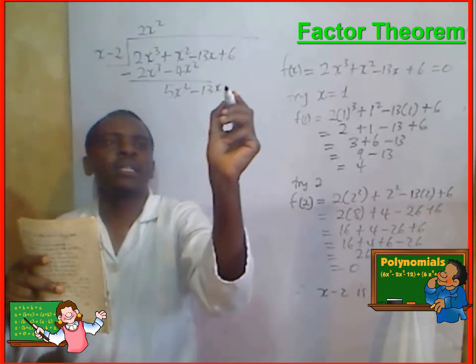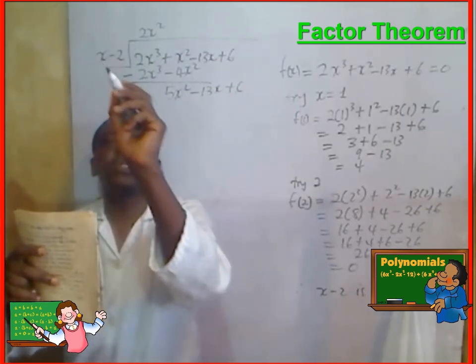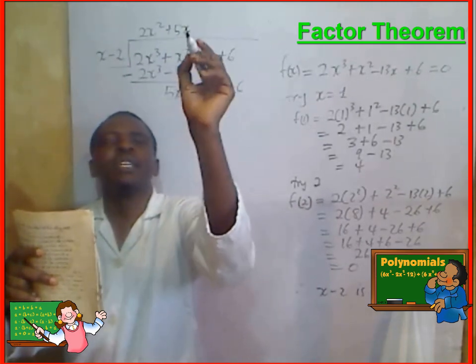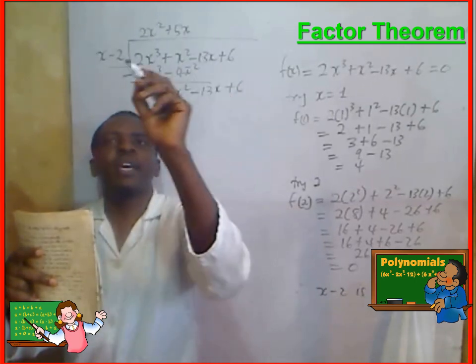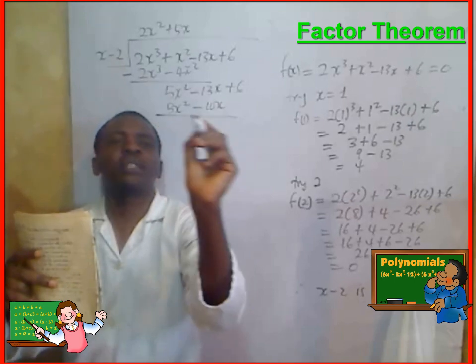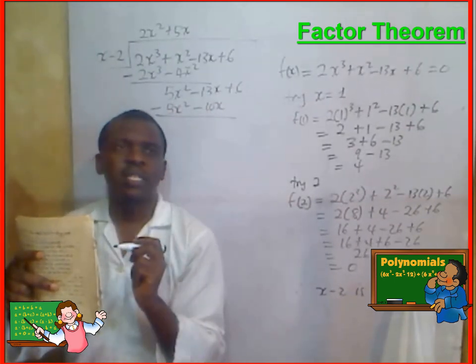Minus 13x plus 6. What do I multiply x by to get 5x squared? That should be plus 5x. 5x times x gives me 5x squared. 5x times minus 2 gives me minus 10x, and then subtract. 5x squared minus 5x squared is 0.